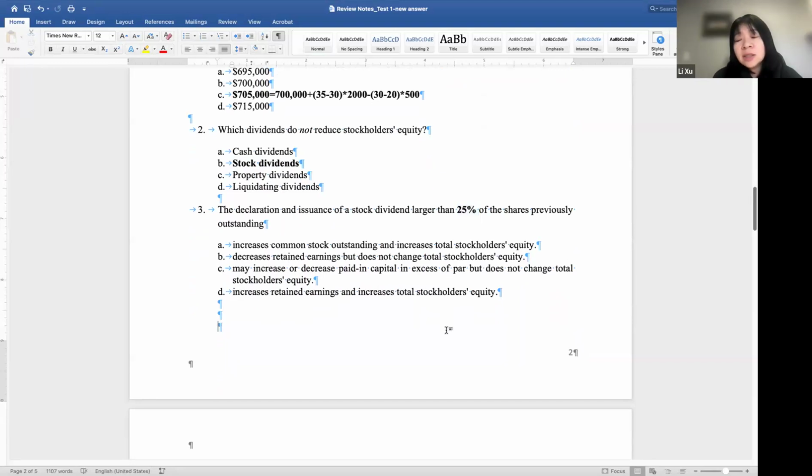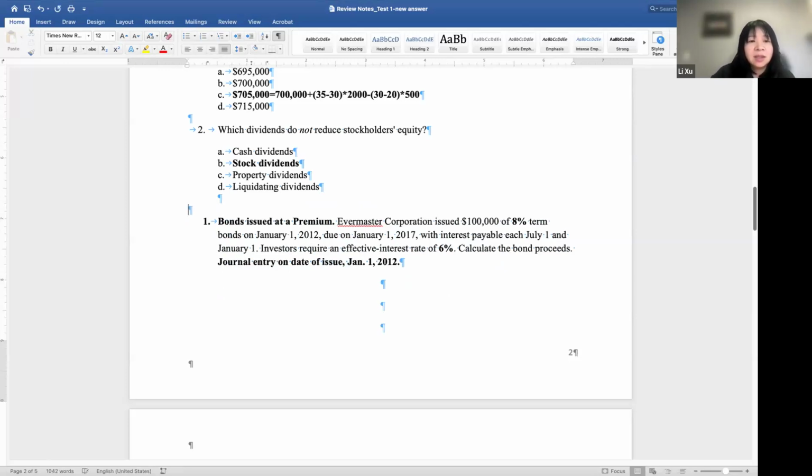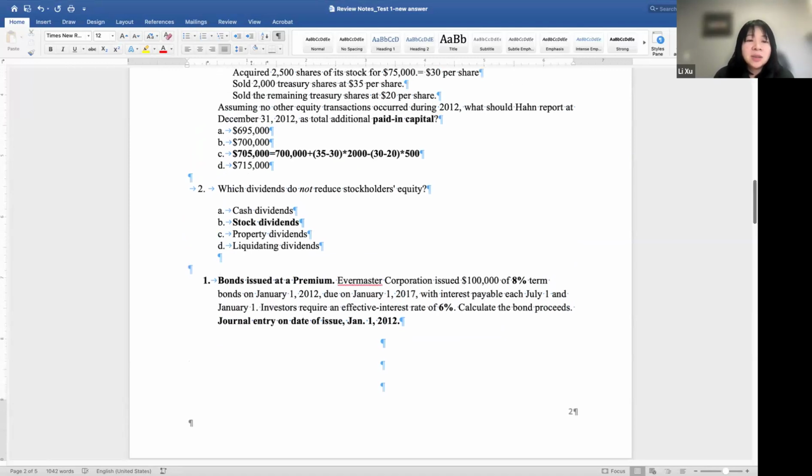And for this question, you have to really think about what the impact is when you issue. Oh, actually, let me cross out this question. I realize I'm not going to test this stock dividend. So just delete this question. That question is not going to be tested. Okay. All right. So this is just the multiple choice question.